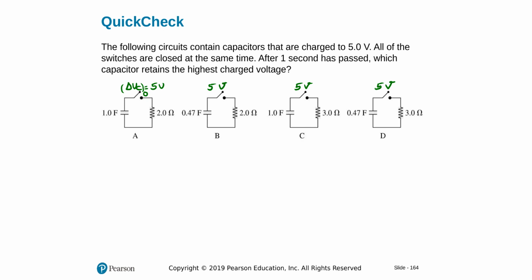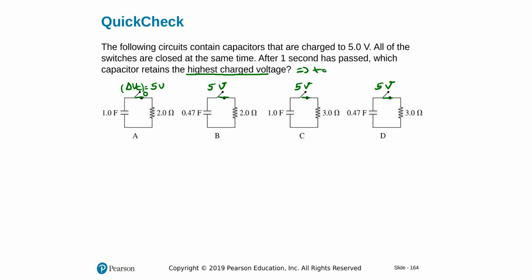All the switches are closed at the same time, so we close the switches. After 1 second has passed, which capacitor retains the highest charged voltage? So which one has the highest voltage after some time? And we define this by calculating their time constant.